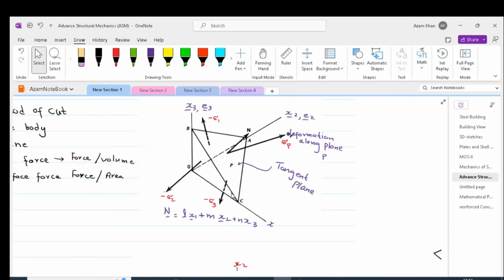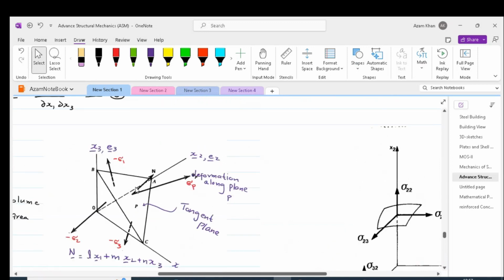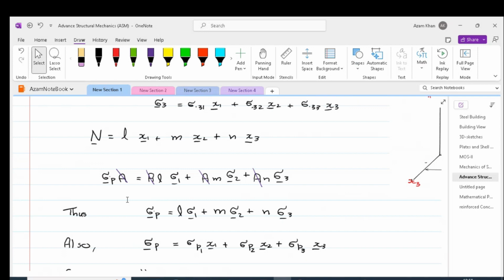Let A be the area of triangle ABC, then the area of triangle ABO, the face whose outward drawn normal is in the direction of x1, is A times L. Similarly, the area of the triangle OBC, which is perpendicular to the x2 direction, is A times M, and the area of the triangle OAC, which is perpendicular to x3, is A times N. Thus, using the equilibrium of forces, we can write the equilibrium equation in vectorial form as sigma P times A is equal to AL times sigma 1 plus AM times sigma 2 plus AN times sigma 3.